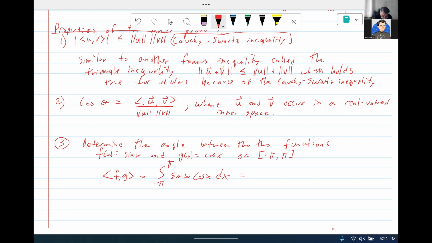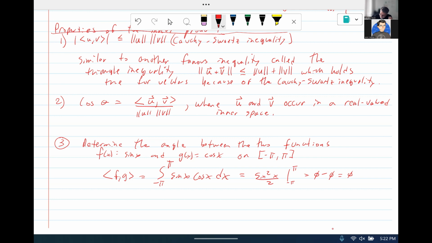That is equal to sine squared x over 2 from negative pi to pi, which is 0 minus 0, which is equal to 0.